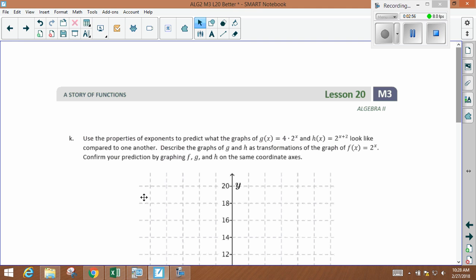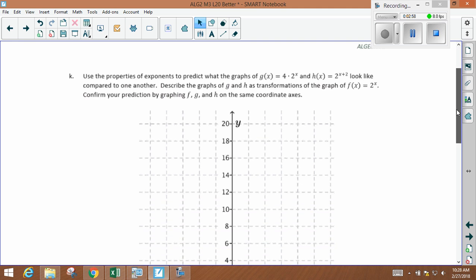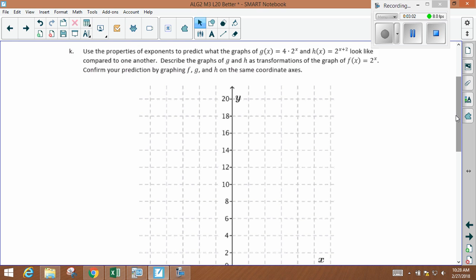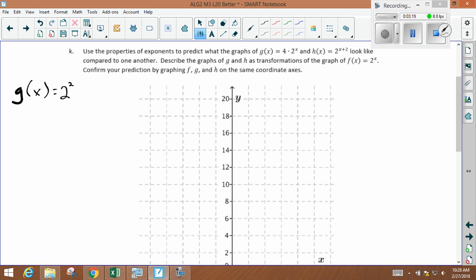Okay, so let's go ahead and graph these. And let's keep in mind, let's look at g of x a little more closely. G of x, can I write that as 2 squared times 2 to the x power?